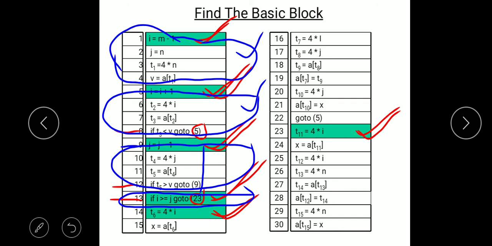This basic block will contain only statement number 13, because it contains a leader statement and it is a statement just before the next leader statement. The next leader statement after 13 is 14, so this basic block will contain only a single intermediate code.